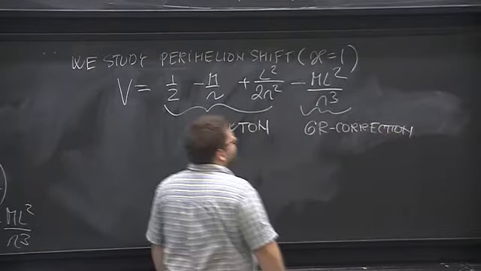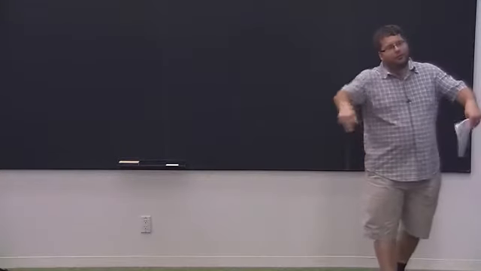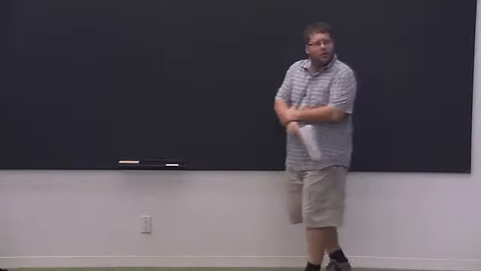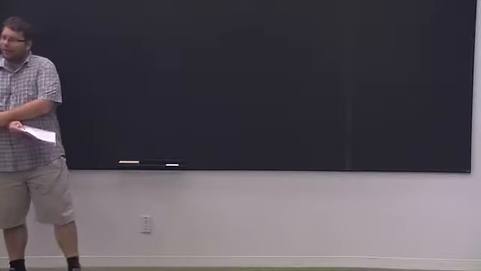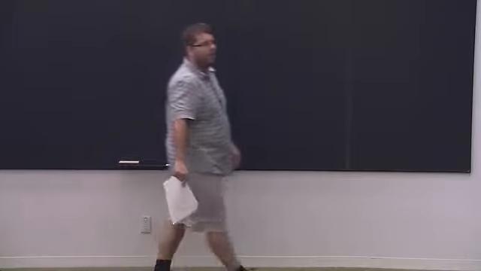Only the last term is actually what is new in general relativity. But as you will see, this term is quite interesting, and it changes everything completely as you approach small radii.